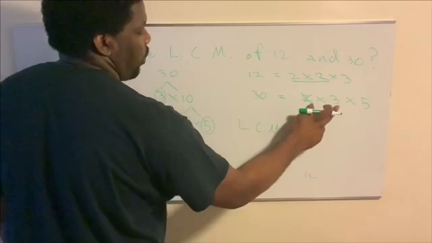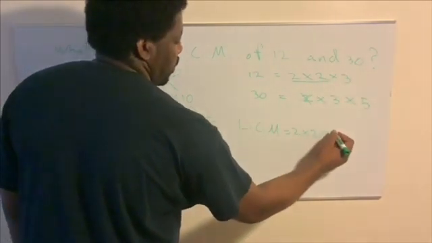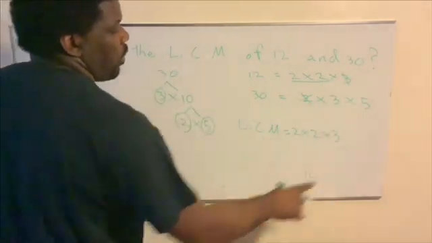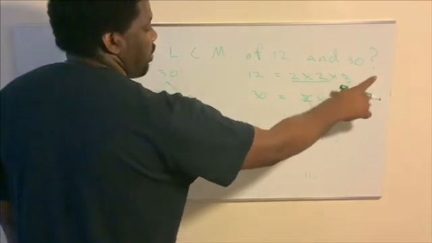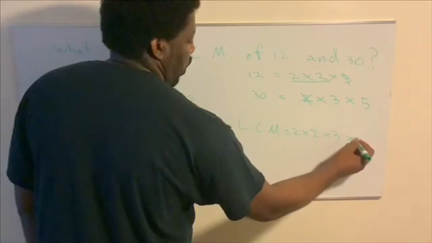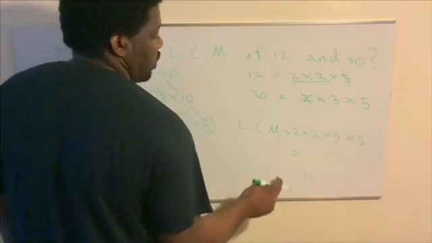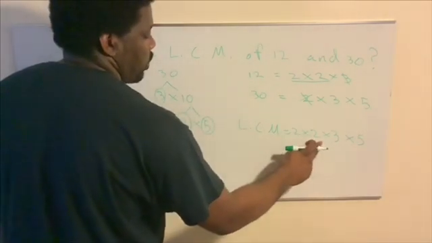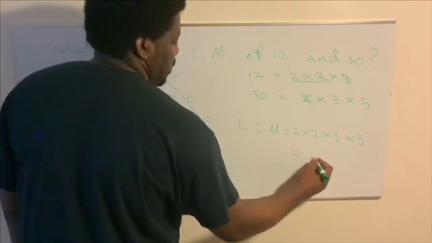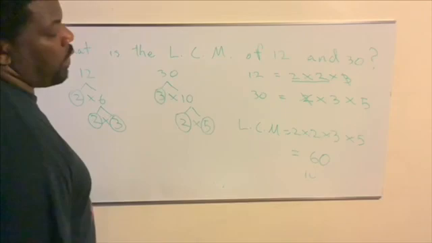We have one 3 here and one 3 here, so we can only use one 3. We cross out the one we are not using. We have one 5 here, and we don't have any in 12, so we're only going to use one 5. 2 times 2 is 4, 4 times 3 is 12, 12 times 5 is 60. So the LCM of 12 and 30 is 60.